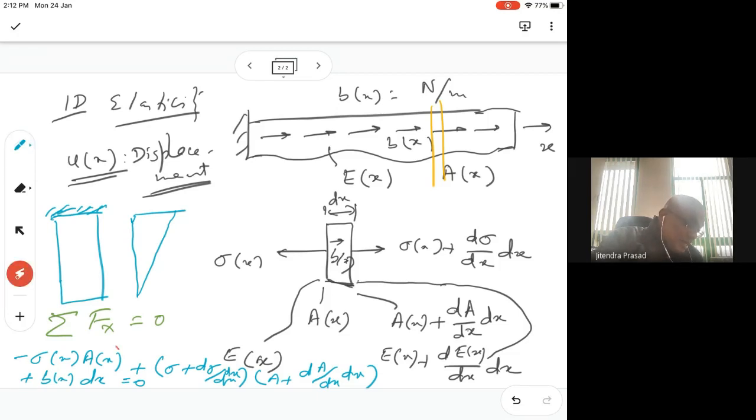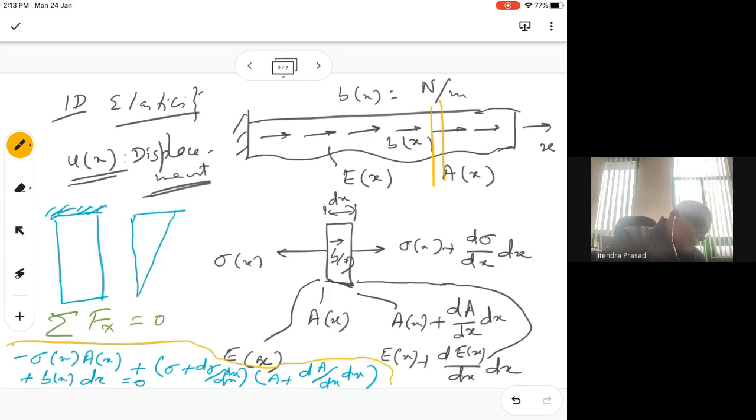So this multiplied by this means total force in this direction, minus this multiplied by this, which is total force in negative x direction due to the section forces. And then you have this body force, this multiplied by length dx. So this equals 0. So this is what our equation is. Okay, this is the equation we got from here to here.